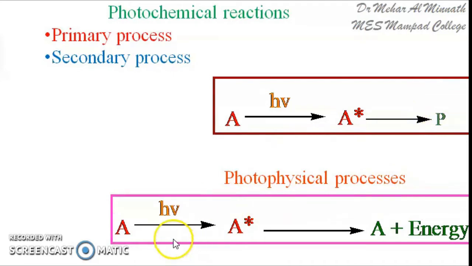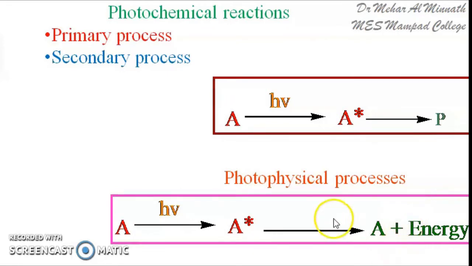The molecule A absorbs light, goes to the excited state, comes down to the ground state, and its original molecule is got back with the release of some amount of energy. So in a photophysical process, there is no chemical change. It's just a physical transformation and the molecule is got back.